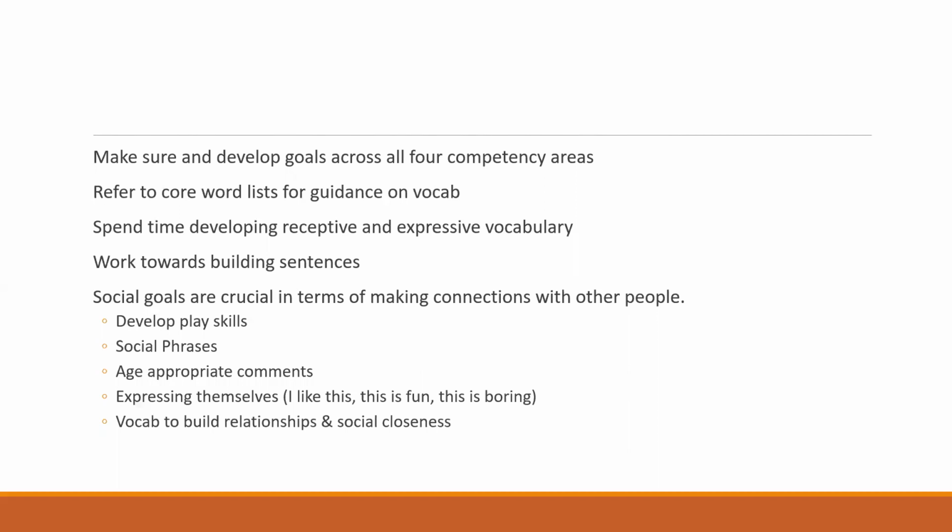We want to look at social goals because these are crucial in terms of making connections with other people. So just thinking about developing the user's play skills or social phrases, age-appropriate comments, or just expressing oneself when interacting with someone, such as I like this, this is fun, this is boring. And of course, the vocabulary to build relationships and social closeness.